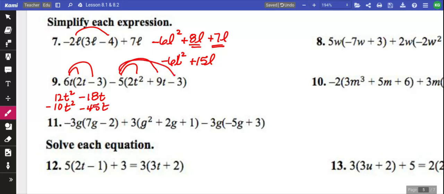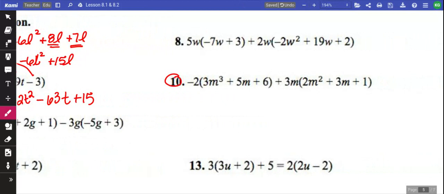And negative 5 times negative 3 is positive 15. So since I've lined them up like that, it's ready to combine like terms. So that would give me 2t squared minus 18t and 45t, which is minus 63t, plus 15.